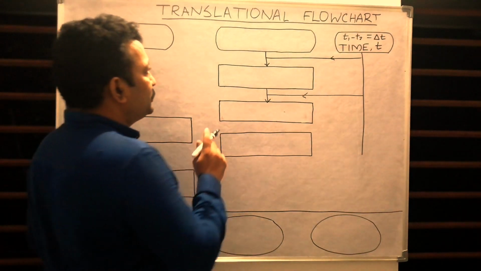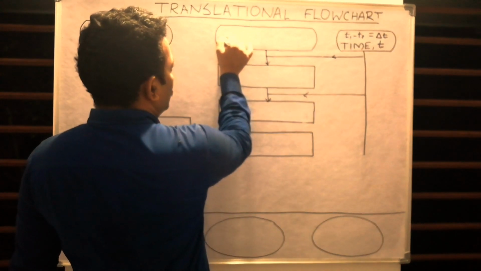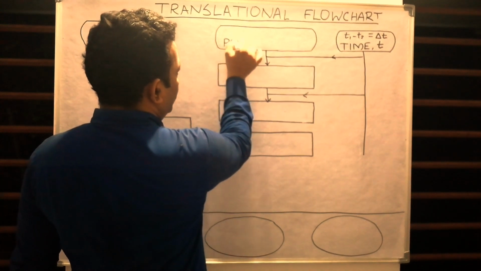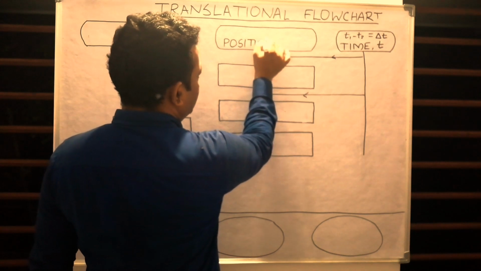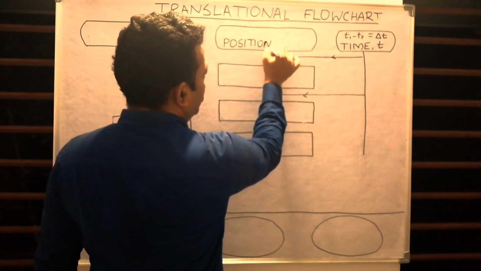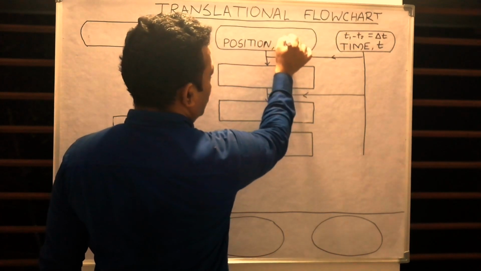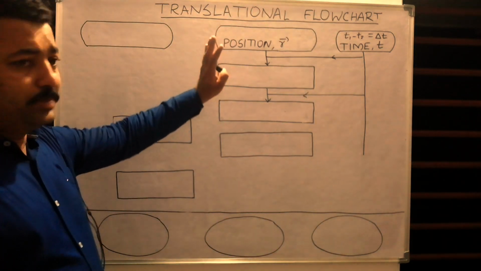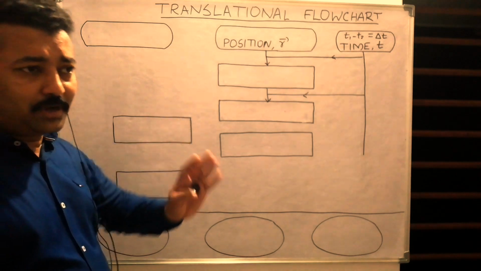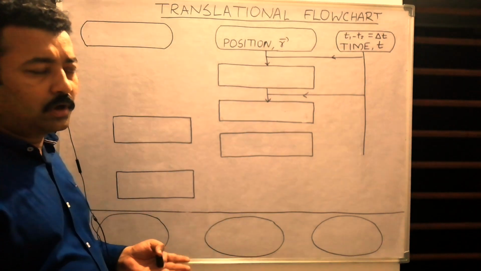At a particular time, suppose we know the position of the particle. The first observation that we make is the position of the particle, which is represented by the vector r. This will be explained always for a particular particle or a system or any body.